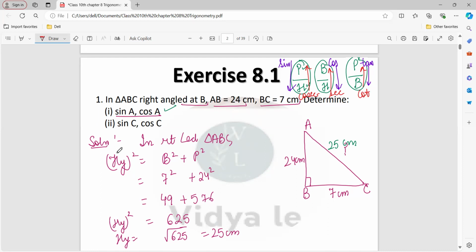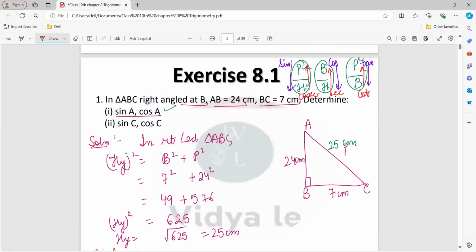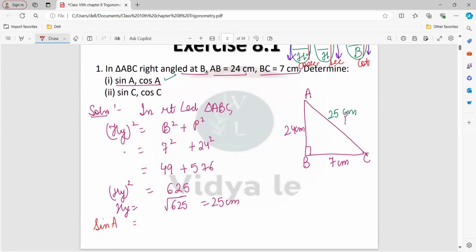Now, herein we need to find sine of angle A. We know that sine is equal to perpendicular upon hypotenuse.